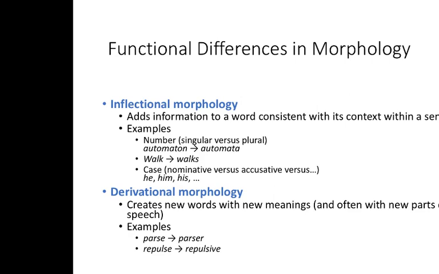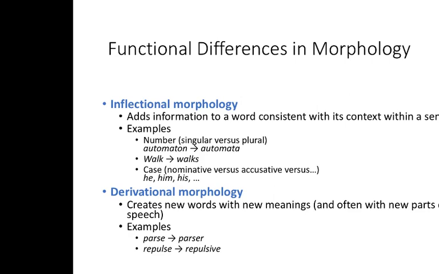Yeah. For example, if you have a search engine, and if the person searches for automata, then we want automata there as well. So we can't treat them as different. Right. So information retrieval relies heavily on stemming and lemmatization, getting rid of inflectional differences. So that's one example. There are other examples we could talk about too.